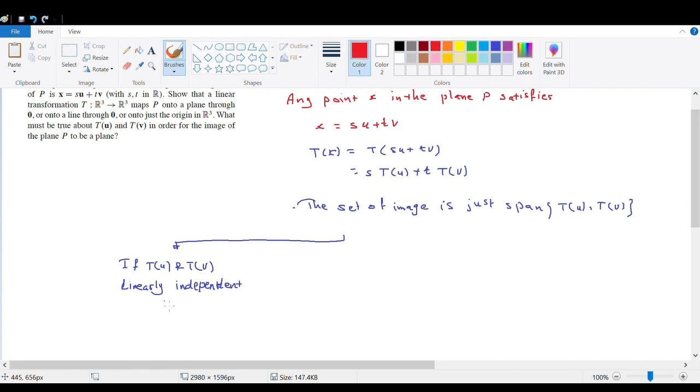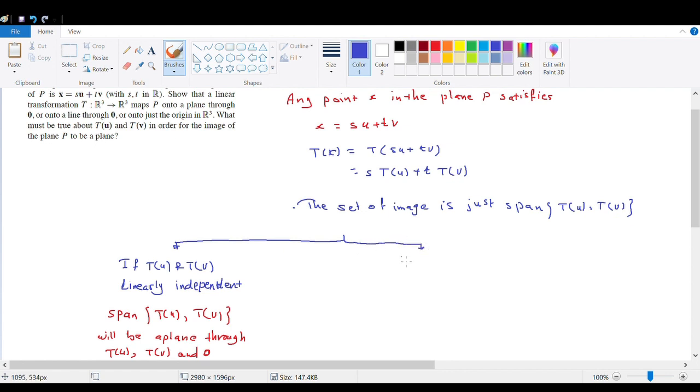The result will be that the span of TU, TV will be a plane through TU, TV and 0. So if TU and TV are linearly independent, the span of TU, TV will be a plane through TU, TV and 0. Now if TU and TV are linearly dependent, what happens to the plane?